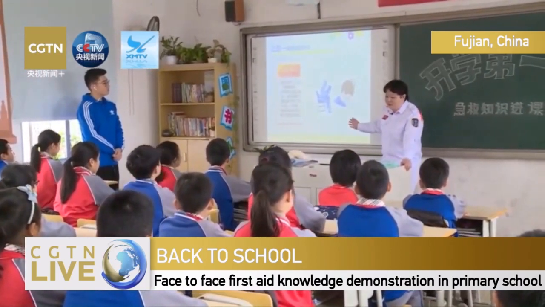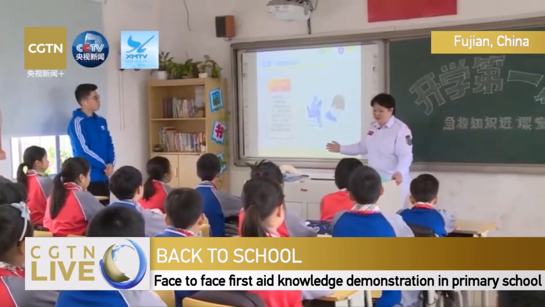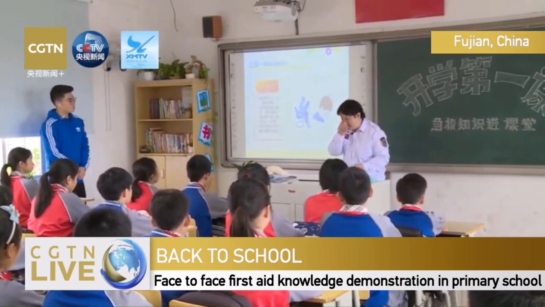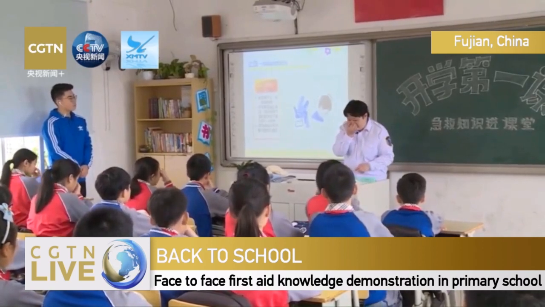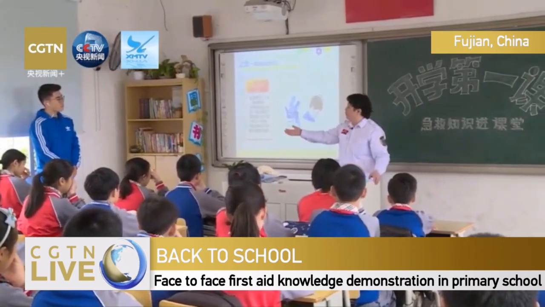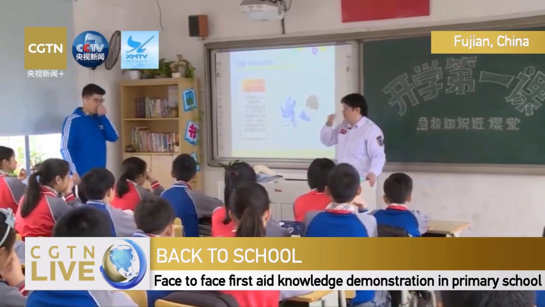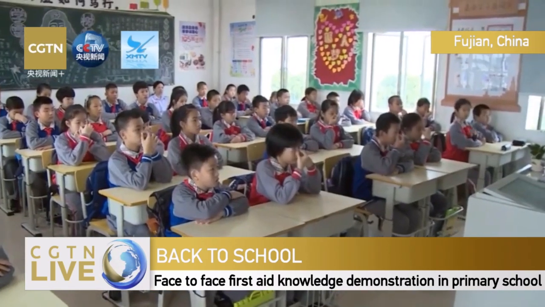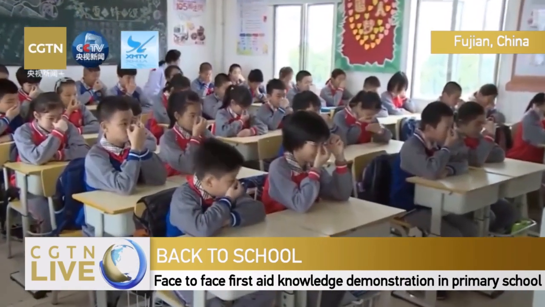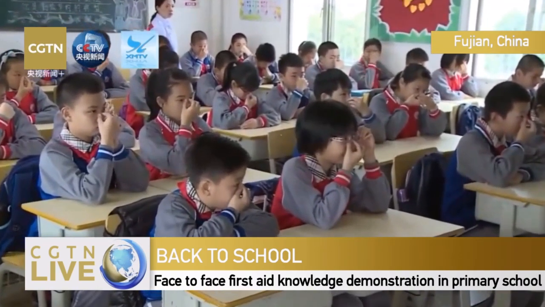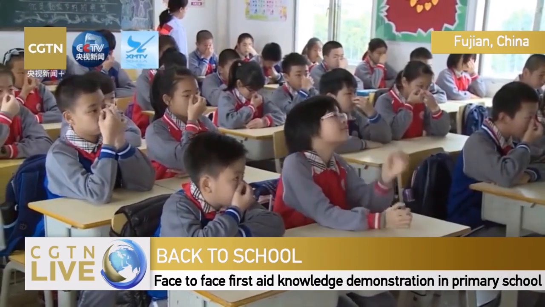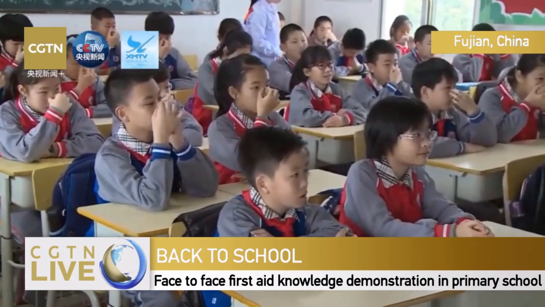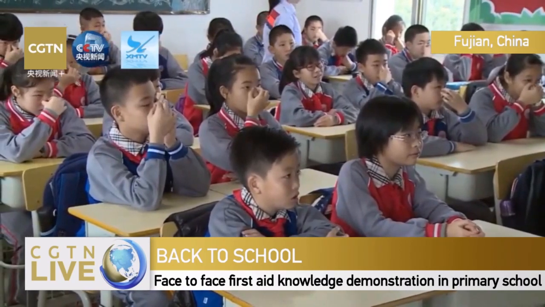So when you're experiencing nose bleeding, the correct way is to sit at your chair, lean forward, use your two fingers to exert pressure here, and also you can use some ice cubes to help. The incorrect ways would be raising up your hands.